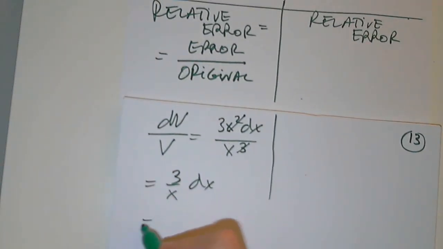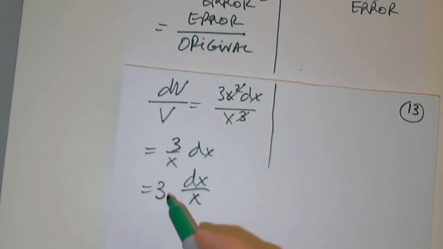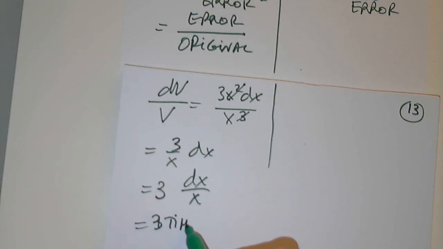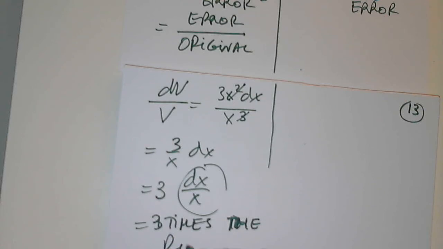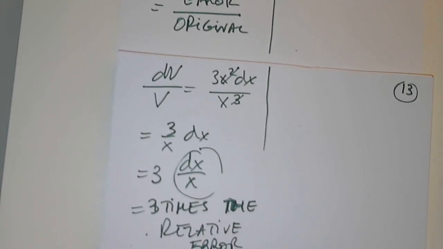Or better written as 3 times dx over x. Why? Because this represents 3 times the relative error in x. Because there is an error in x, and this is the relative error.